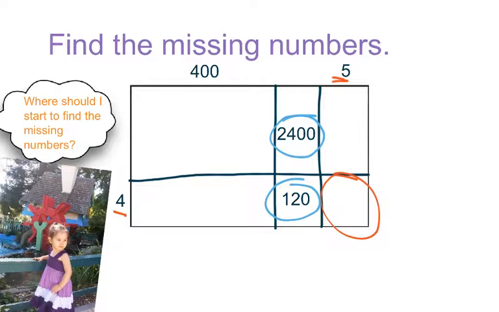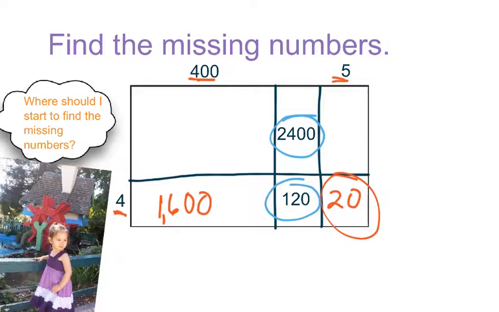And I have both of those numbers. So I can multiply 4 times 5, which is 20. So I have one missing piece. And that can give me a few more pieces of information. Also, I can multiply 4 times 400. 4 times 4 is 16. Add the zeros. 1,600. So now I have a good place to start.